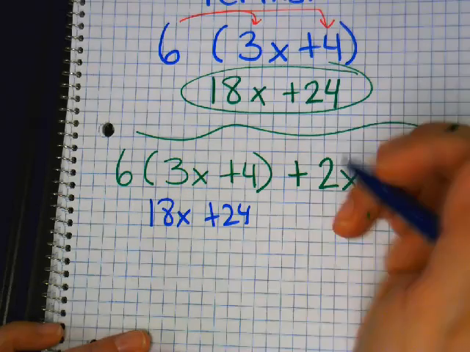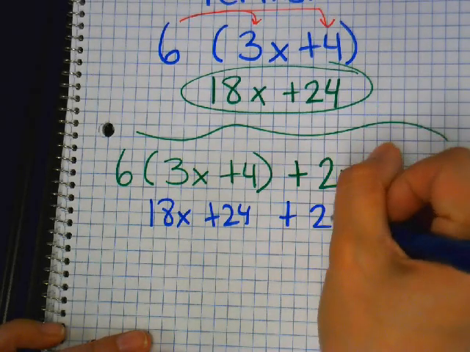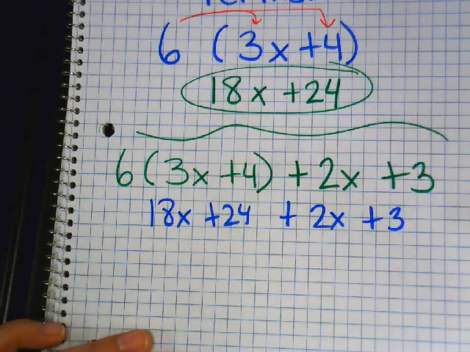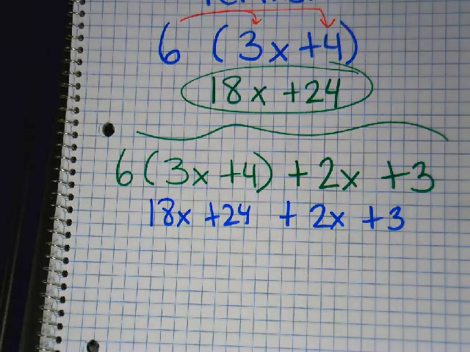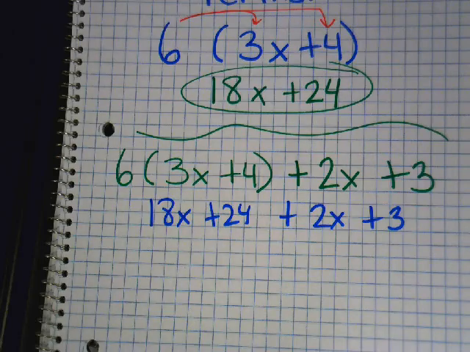So now I'm going to bring down everything else that we have. I'm going to circle like terms. What do they have in common that makes them alike? 18x and 2x.